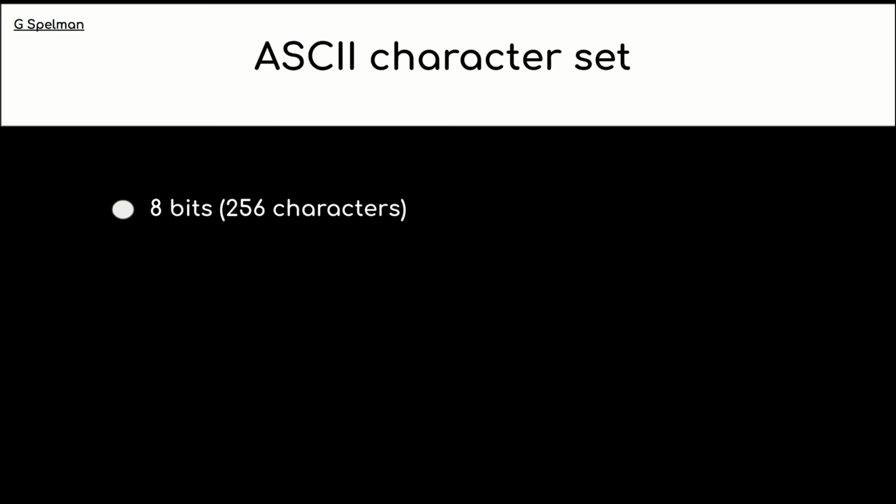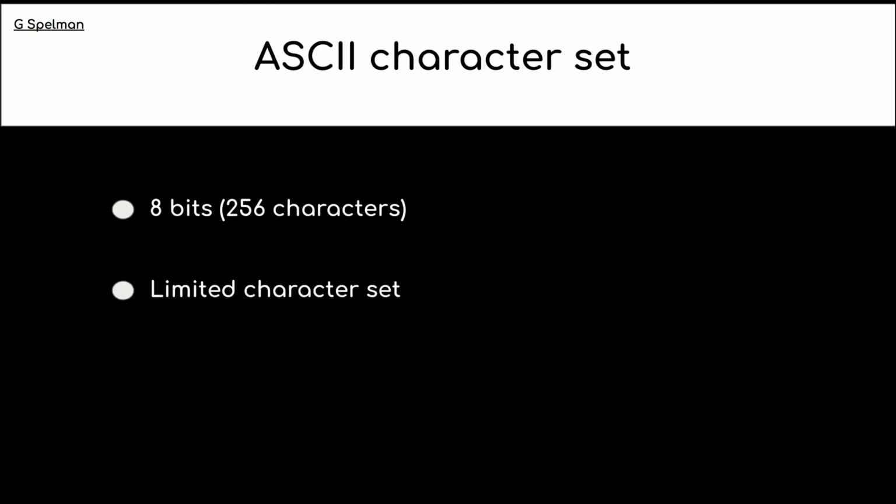So what have we learned about the ASCII character set? Well, we've learned that each character is represented by 8 bits. And if we think about that, the biggest denary number you can have in an 8-bit number, or a byte, is 255. So if you then think about 0 as well, then you could have 256 different combinations.